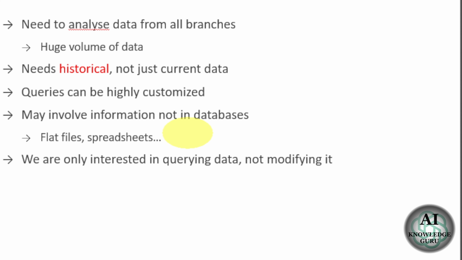We can also analyze data from all branches, a huge volume of data, like which product we are selling most. We also need historical, not just the current data, because the historical data will help you to understand where the business is trending, which product is important.